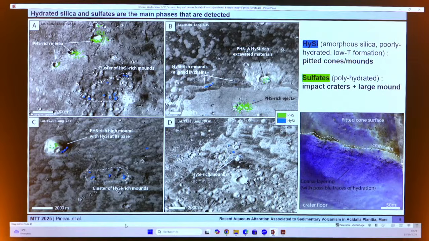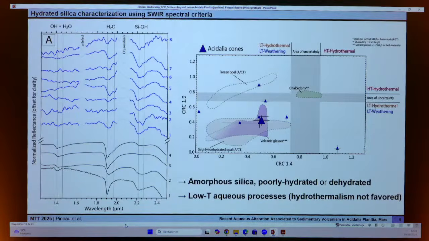So what we can do now is to look at the spectroscopic properties of those materials to better know the mineralogy, especially the silica materials, so that we can better characterize the geological processes that formed the cones. So that's what we did. Here on the left, you have a diagram where I plotted some CRISM spectra from the silica-rich pitted cones, compared to terrestrial analogs in black.